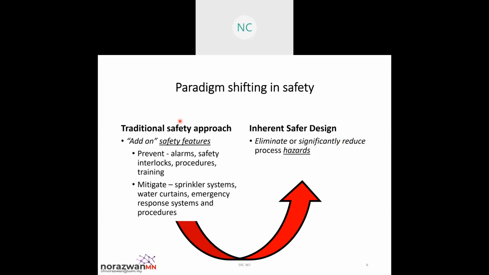So the traditional approach involves active and procedural, while ISD involves starting from inherent, passive, active, and procedural. So there are two different paradigms, two different ways of thinking, in your traditional approach and your ISD approach.